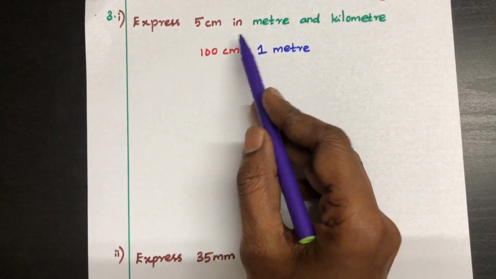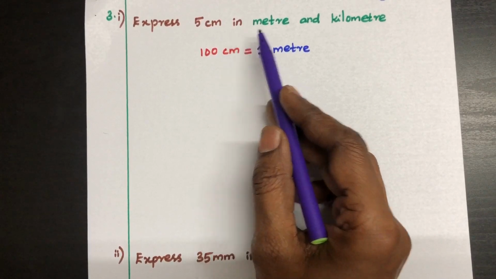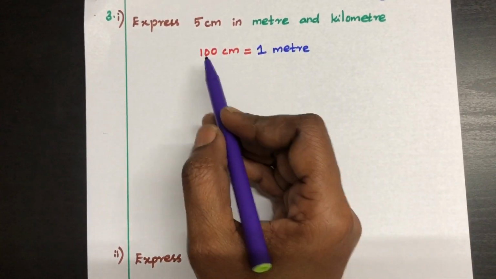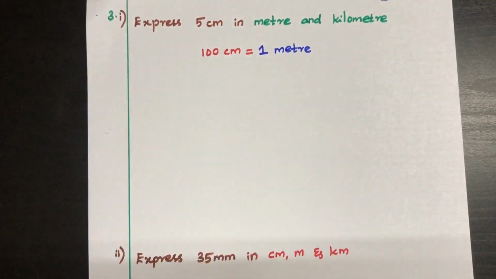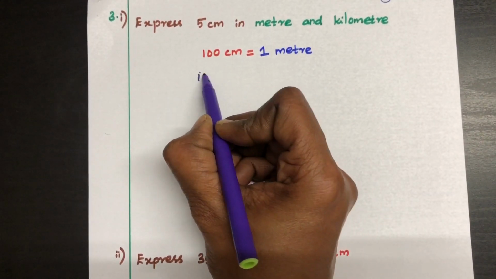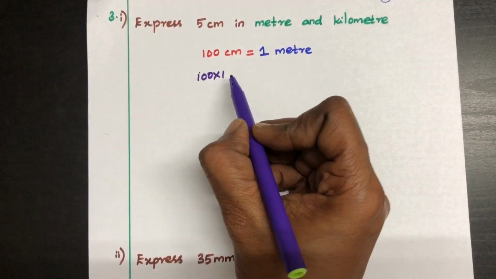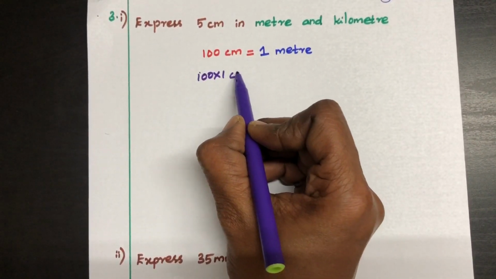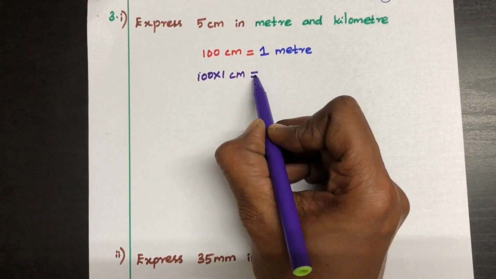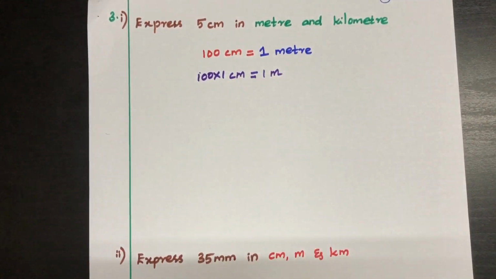Third question, express 5 centimeter in meters and kilometer. See here, 100 centimeter is equal to 1 meter. Now, this 100 can be written as 100 into 1. Nothing will change, right? Instead of 100, I am writing 100 into 1 centimeter is equal to 1 meter.